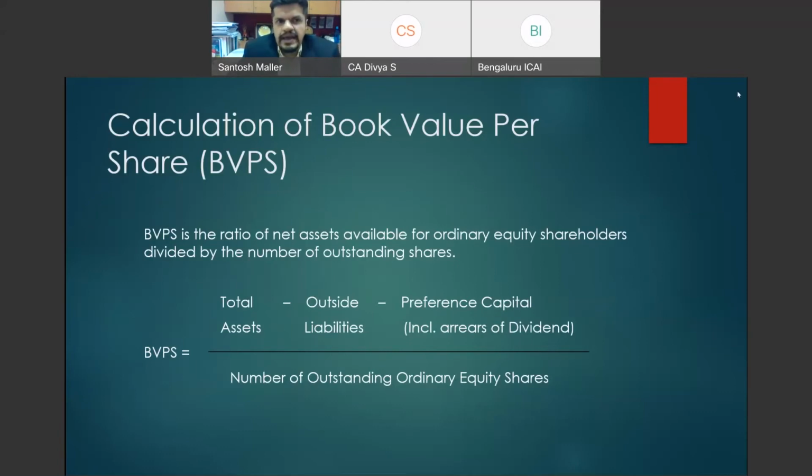Because under Ind AS or the IFRS framework, many times fair value is used as a basis for measuring the assets and liabilities. So therefore, one may also at times say that the book value is equal to the fair value.